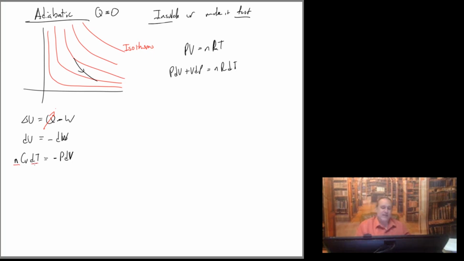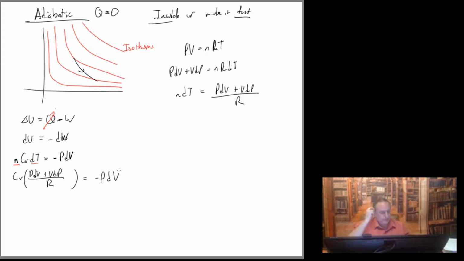I have an n times a dT. So n times dT would be equal to P dV plus V dP all over R. So we're going to get Cv times (P dV plus V dP) all over R equals minus P dV.